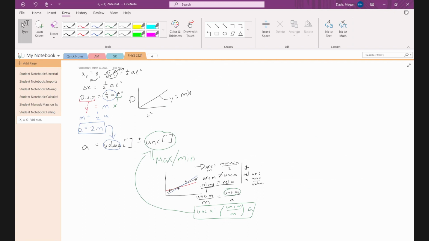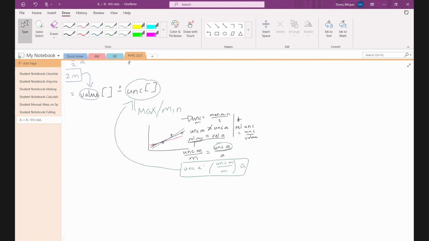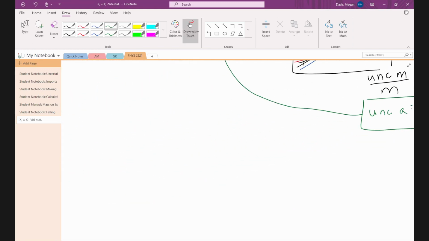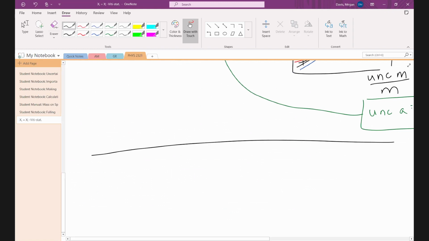Are there questions about how we find the acceleration? Okay. So then you will need to find the acceleration for the ball and the acceleration for the coffee filter.